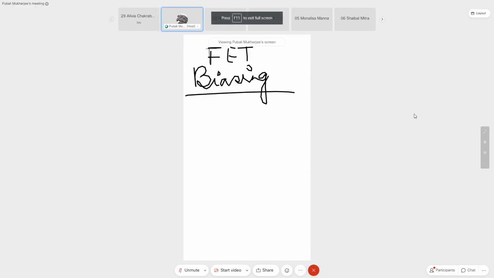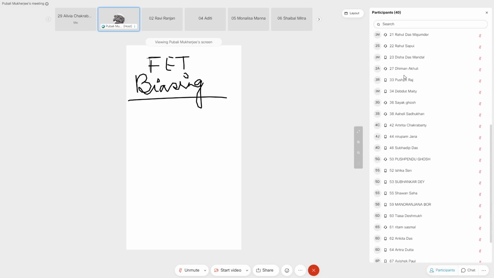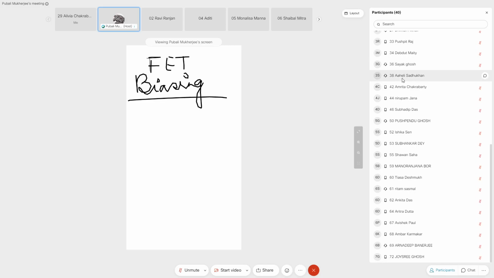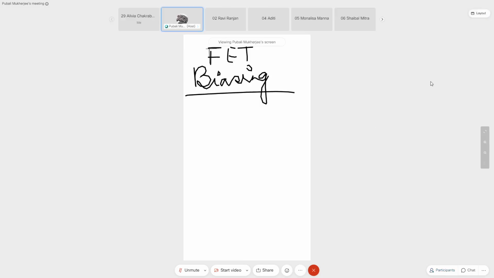Okay, so first and foremost, the concept goes the same: in order to understand FET biasing, we need to draw the load line as usual. Now, in case of FET, we could make two approaches, and we will be using both. The first one is to draw the output characteristics, that is the drain characteristics, and draw the load line like we did in case of the BJT.